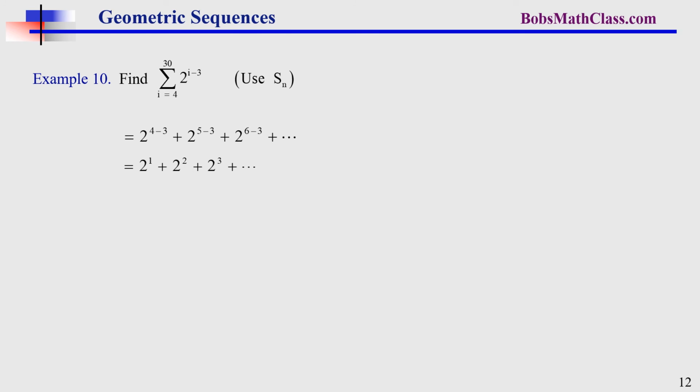Two to the first, plus 2 to the second, plus 2 to the third, plus dot dot dot. So 2 plus 4 plus 8. Is that geometric? Yes. The common ratio is 2. If you divide a term by the previous term, you should get 2.